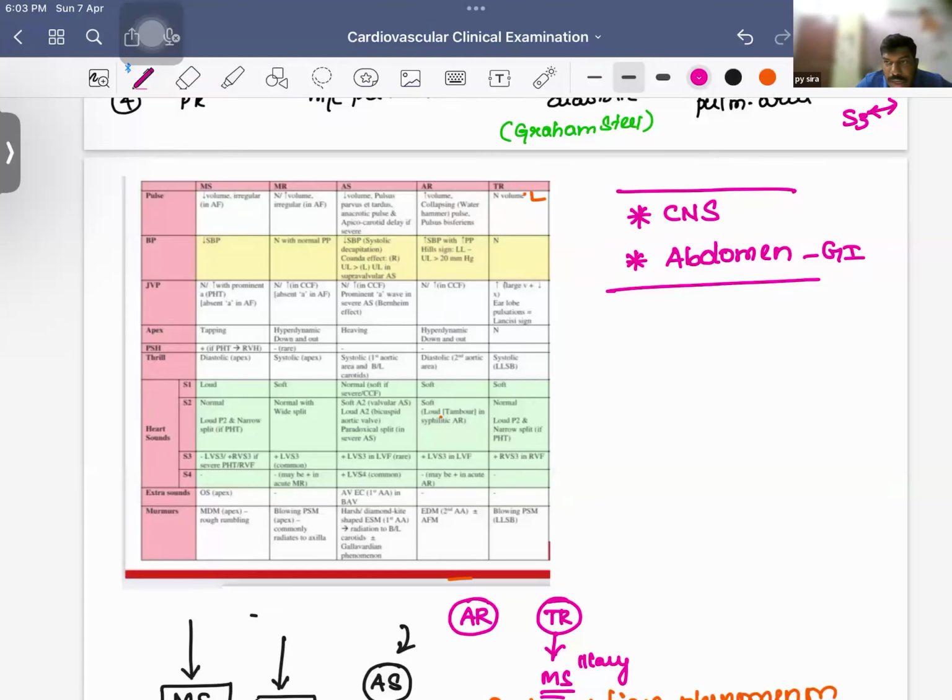So what shall we do tomorrow? What topic shall we do tomorrow? CNS. Okay, tomorrow we will go for CNS, from 6:30 to 7:30.